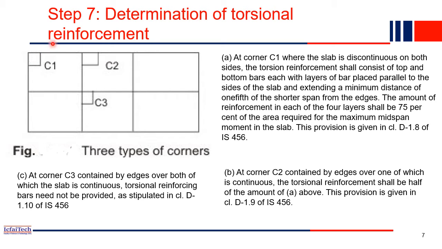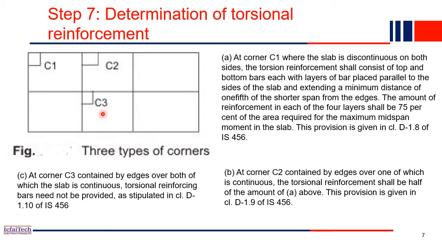This is an edge, so the slab is not continuous in this direction as well as this direction. So this is one type of slab panel where two edges are discontinuous. Whereas in this slab panel, only one side is discontinuous, and this side, this side and this side are continuous. So C2 has only one side discontinuous.